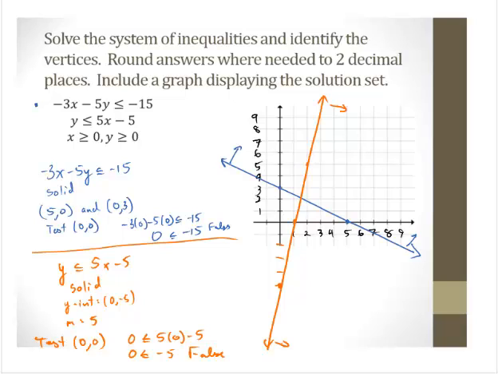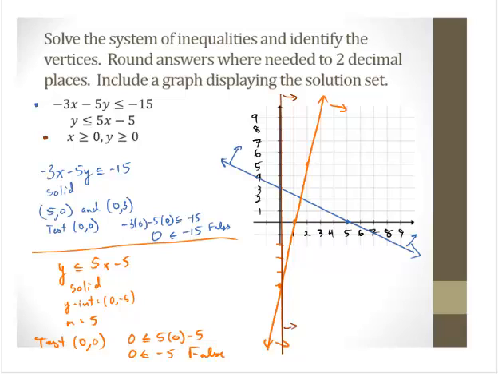We have two other inequalities. We're also told that x is greater than 0 and y is greater than 0. Well, x equals 0 is the vertical axis right here. And x is greater than 0, well, that's to the right of it.